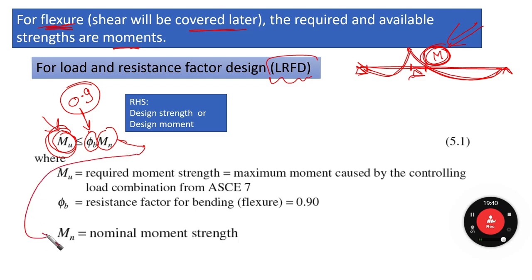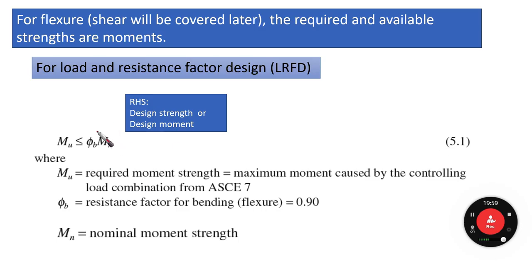We are going to give the explanation of the nominal moment strength later. This is the simple equation that we want to take into consideration. The right hand side, we call design strength or design moment.